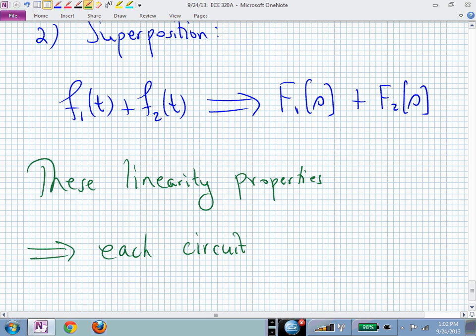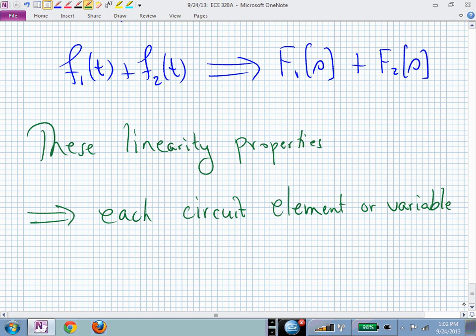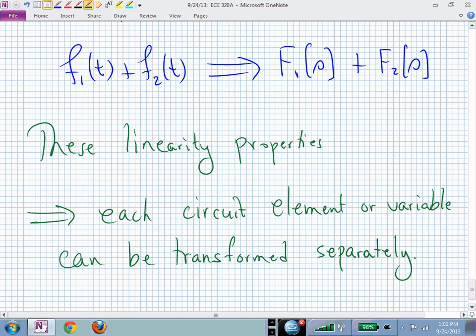Meaning each circuit element or variable can be transformed separately. And that's a big thing.